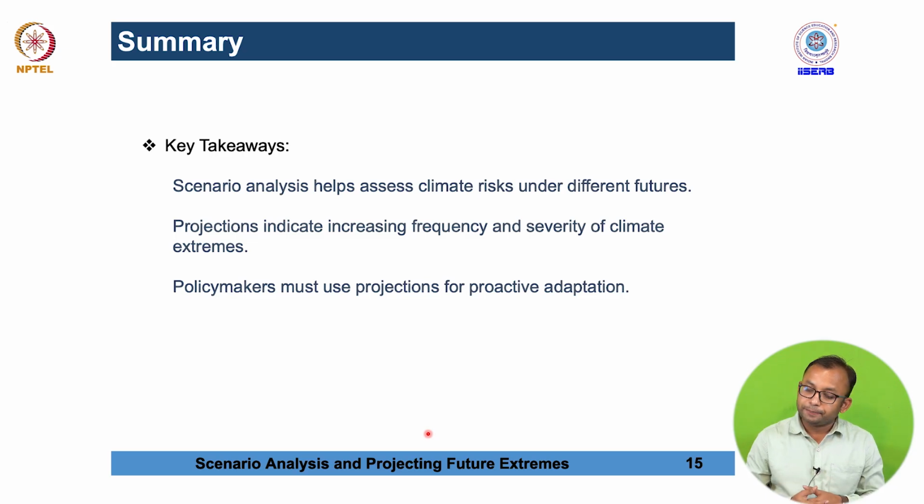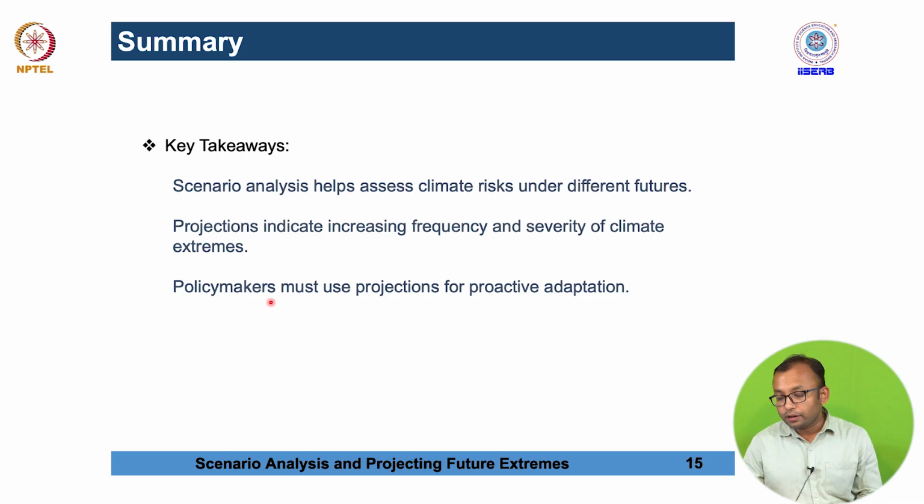And when we are talking about future projections, we have also talked through the different case studies that the climate extremes are likely to increase, and therefore we are particularly focusing on how do we minimize the negative impact caused by these climate extremes by looking at previous studies on a certain region and then translating that information to the policy makers so that they can understand it and plan appropriately or make some sort of policy so that it can further reduce the negative impact of the climate in that particular region.